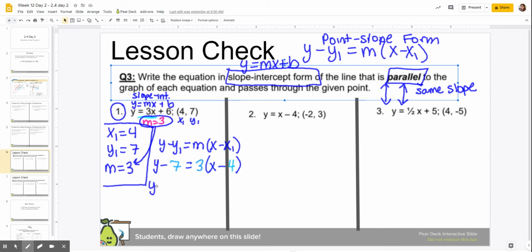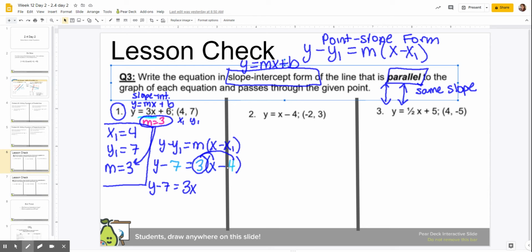So in order to get y by itself, I need to figure out how to get rid of those parentheses. And in order to get rid of parentheses, we know that we're always going to distribute. And the number that's in front of the parentheses is 3. So I'm going to distribute my slope to everything inside the parentheses. So 3 times x is 3x.